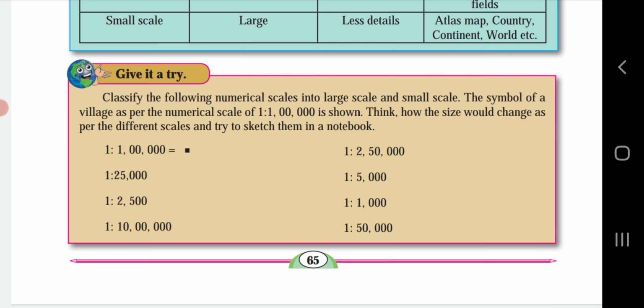Second one, 1:25,000. That will be a small scale. Their conversion calculation will be 1/1 lakh into 4. That is 1 millimeter into 4, that is equal to 4 millimeter. Therefore, the size of the dot equals 4 millimeter into 4 millimeter. Like this only, the conversion of all this we have to do.